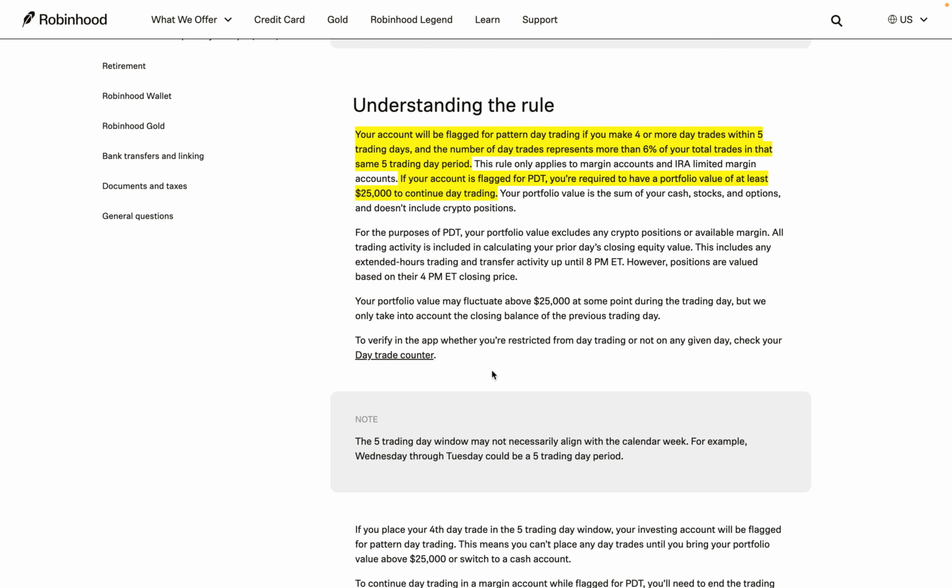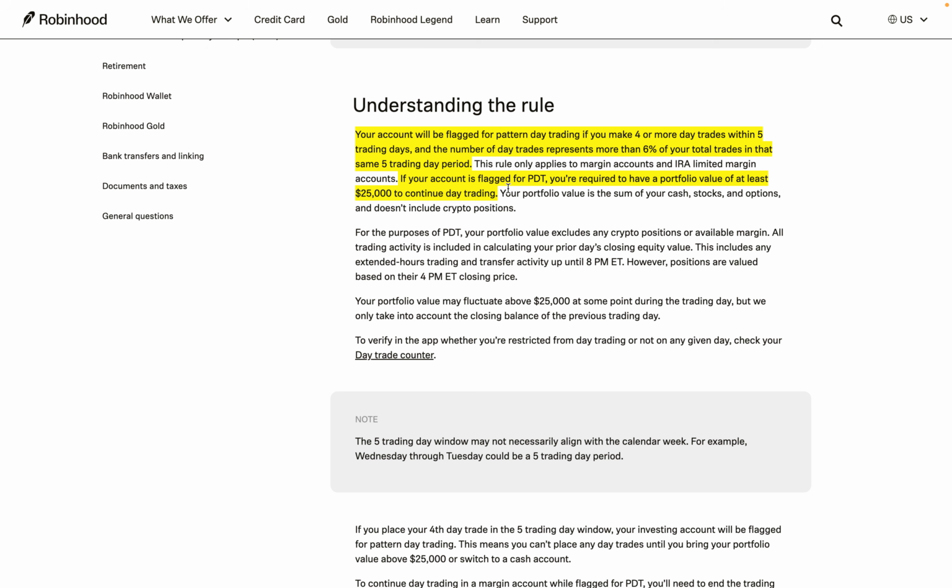And remember, when it comes to day trading, you want to be very careful with pattern day trading. So if you make 4 or more day trades within 5 trading days, and the number of day trades represents more than 6% of your total trades in that same 5-day trading day period, you will be flagged for pattern day trading. This is on Robinhood.